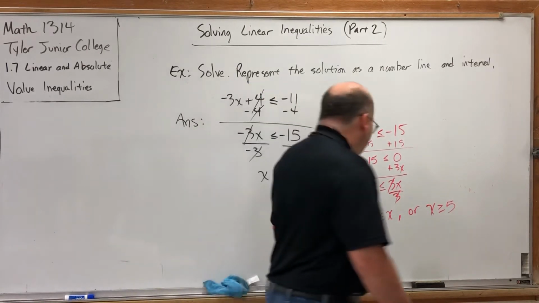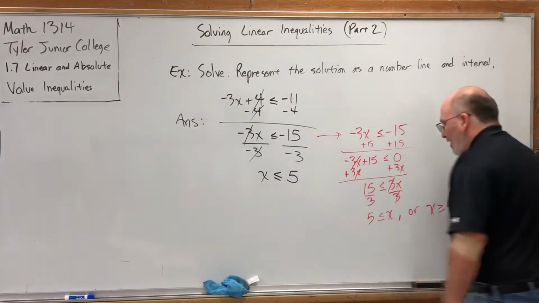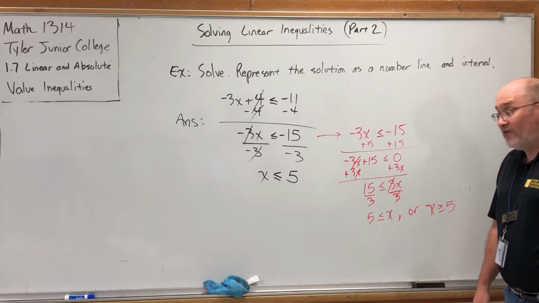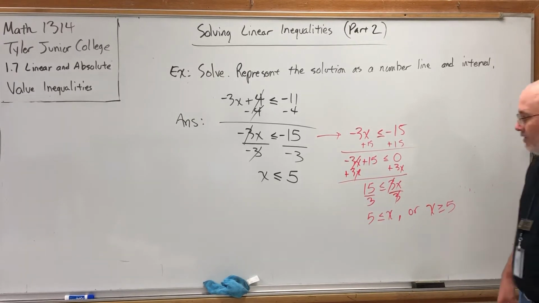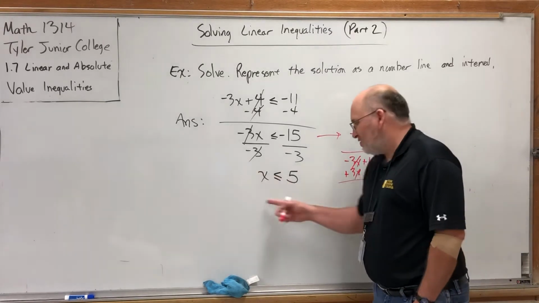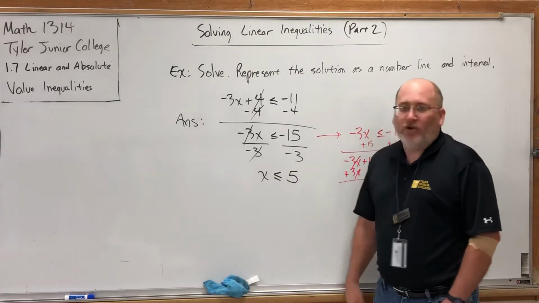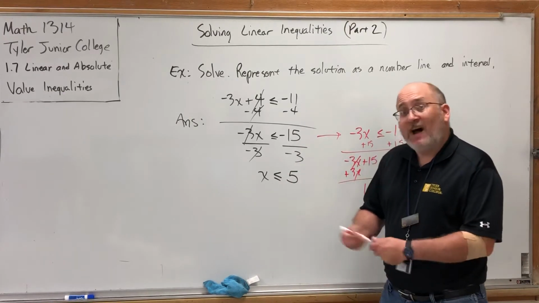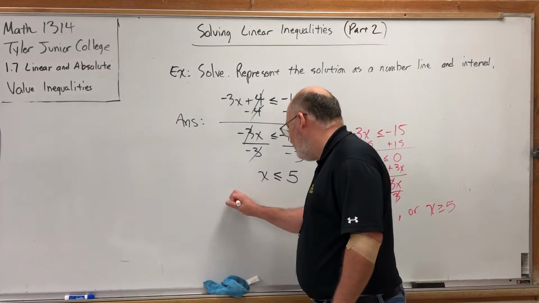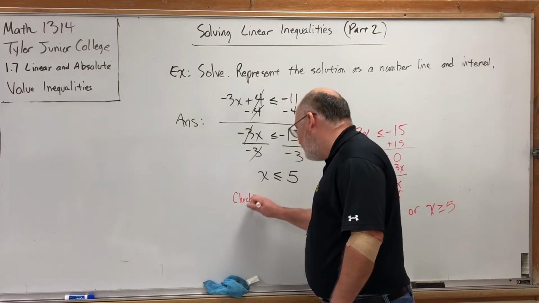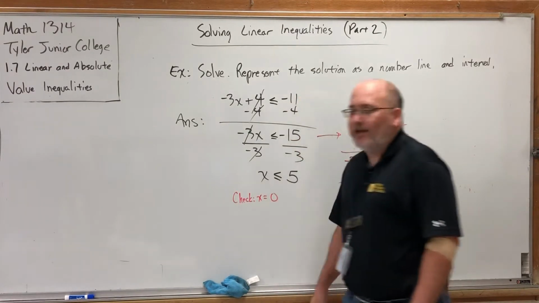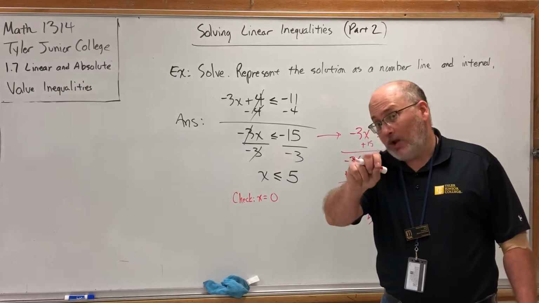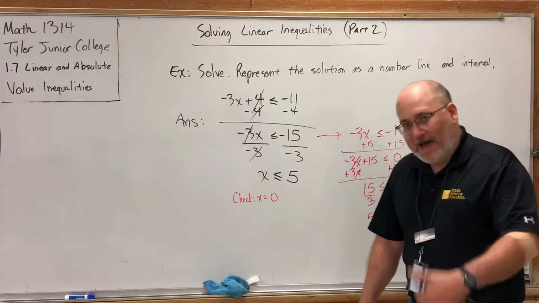But if you really wanted to settle the debate between which of these is the correct solution, pick a number that each one suggests as a solution and see if it works in the original inequality. For example, if you think this is a solution, that means that every number less than or equal to 5 should make this true. Give me a number less than 5. How about 0? Now there's a lot of numbers we could check. You can't check the solution to an inequality by checking individual values, but you can show the solution to an inequality is wrong with just one bad apple.